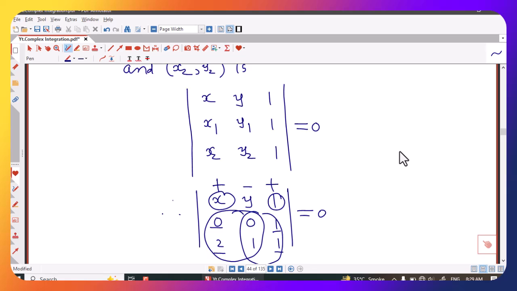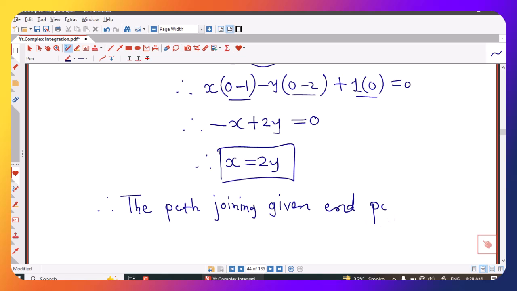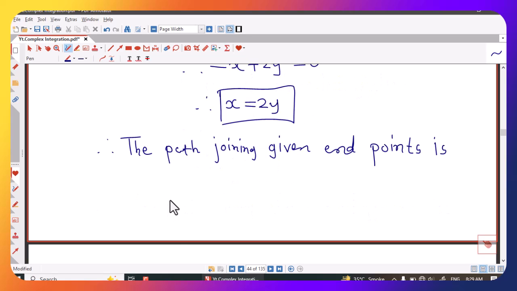So our contour, the path joining the given endpoints, is represented as C: x equal to 2y and y varies from 0 to 1.